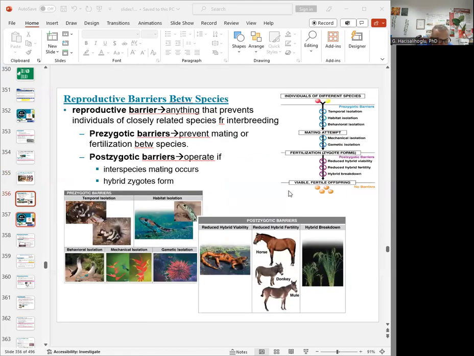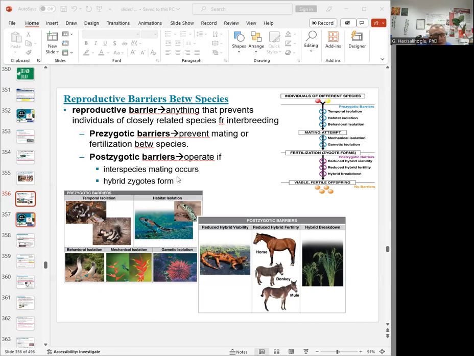Okay, there are a number of barriers, so we can divide them into groups. Some of them are reproductive barriers. You can see here individuals of different species can have prezygotic or postzygotic barriers that prevent closely related species from interbreeding. Prezygotic means barriers that prevent mating or fertilization between species.